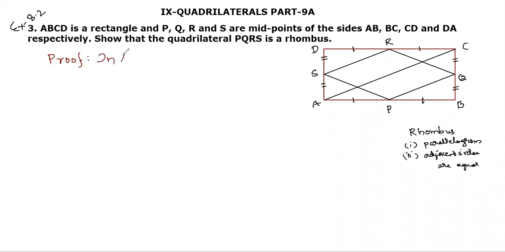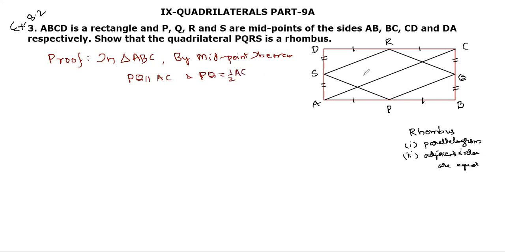So in triangle ABC, by what theorem are we working? By the midpoint theorem, PQ is parallel to AC and PQ is equal to half of AC. This is the midpoint theorem.